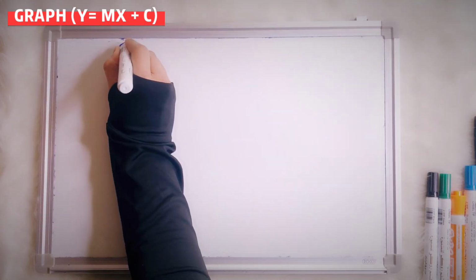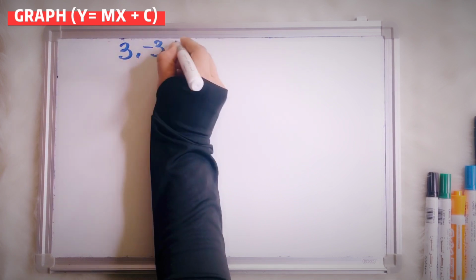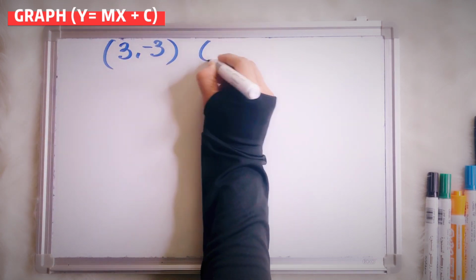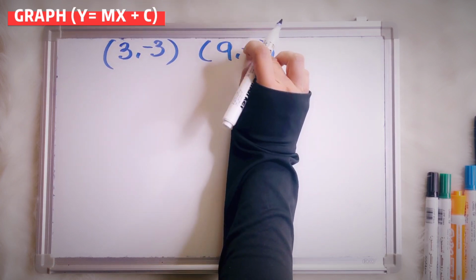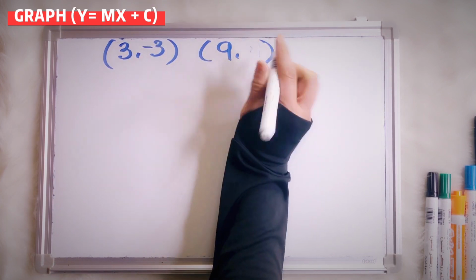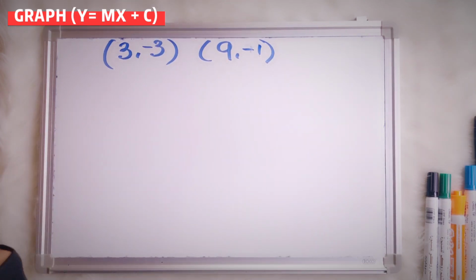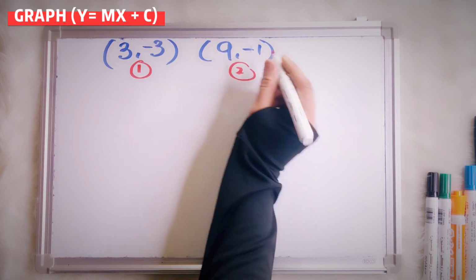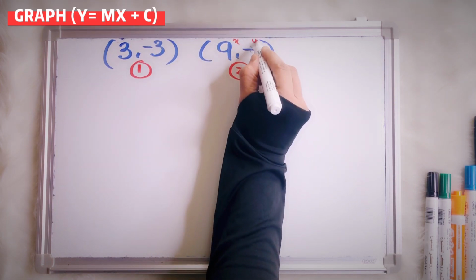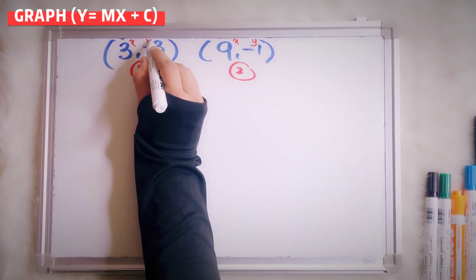Now the last one. I'll give you coordinate (3, -3) and one more coordinate (9, -1). You can put this as number 1 and this as number 2. Here is x and here is y, here is x and here is y.